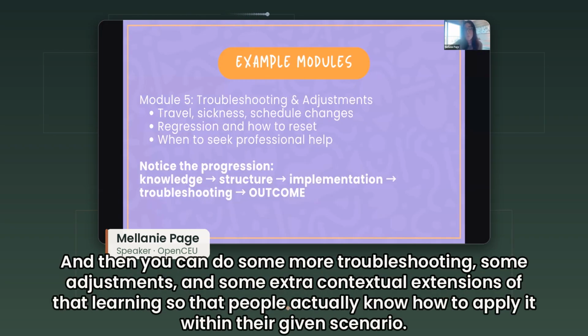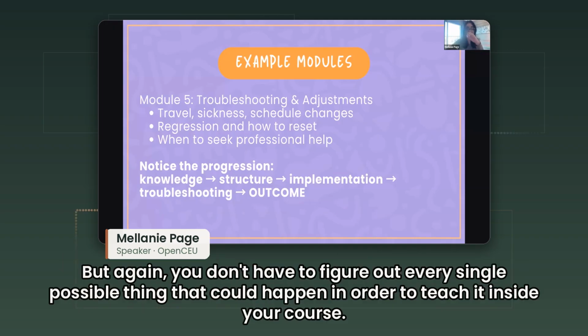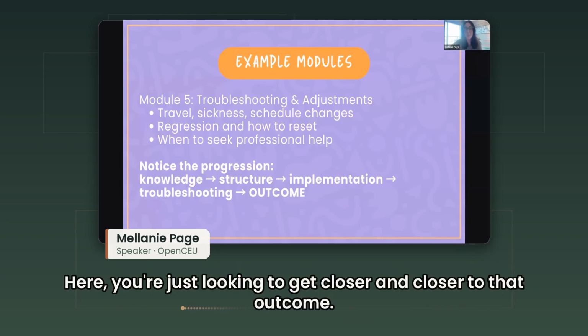And then you can do some more troubleshooting, some adjustments, and some extra contextual extensions of that learning so that people actually know how to apply it within their given scenario. But again, you don't have to figure out every single possible thing that could happen in order to teach it inside your course. Here, you're just looking to get closer and closer to that outcome.